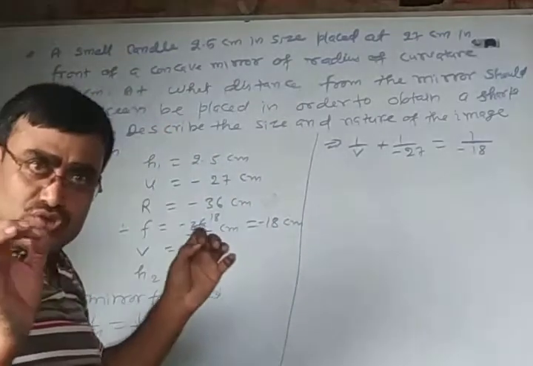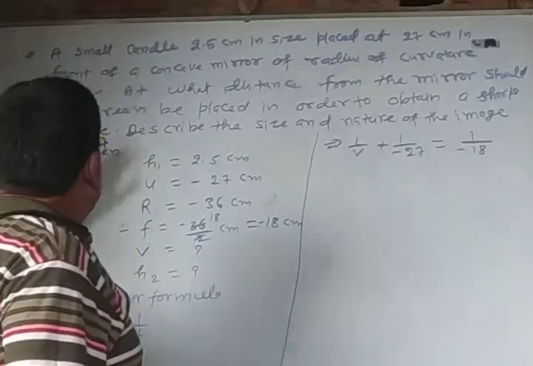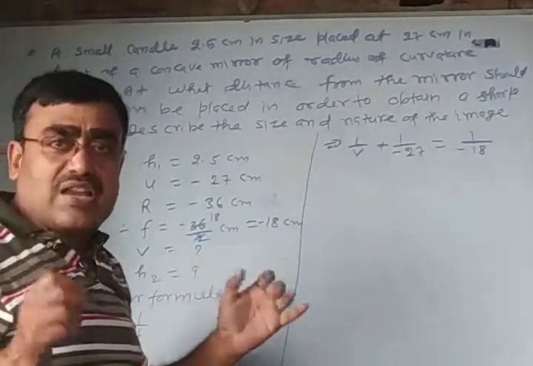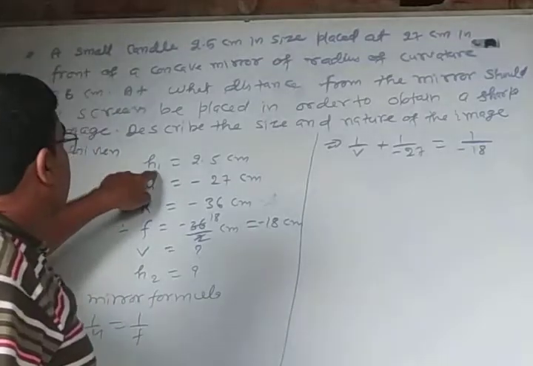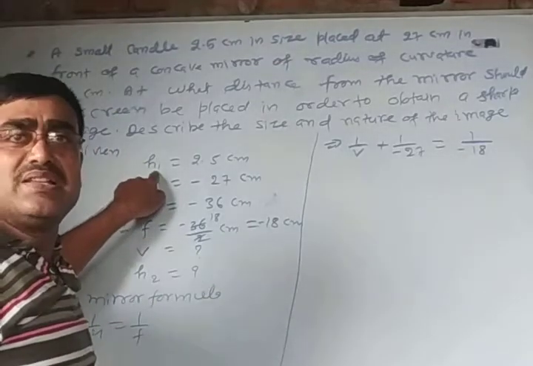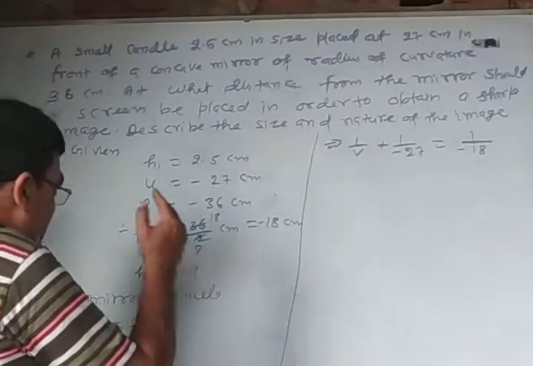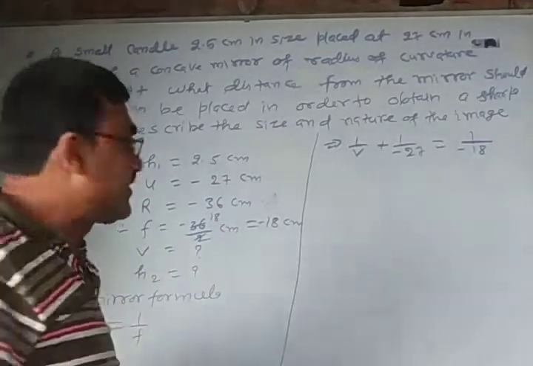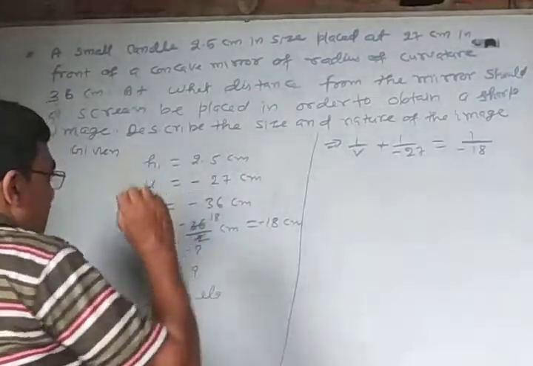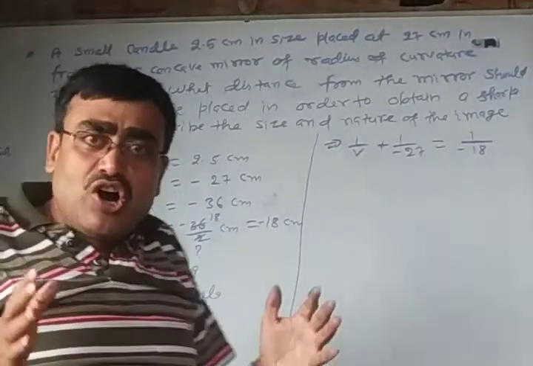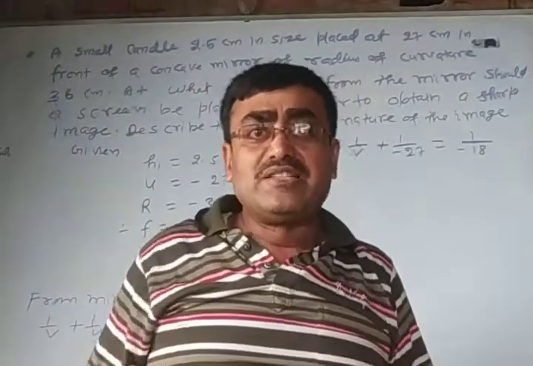According to your question, some terms are given. That is h1, which means height of the object, 2.5 centimeter. u, that means object distance, is minus 27 centimeter, because object distance is always negative.